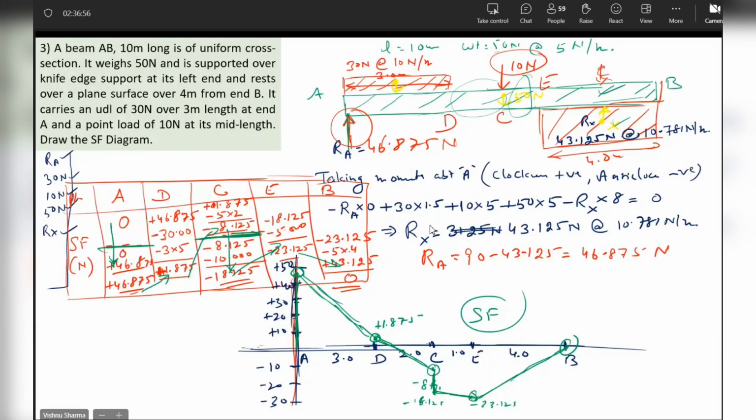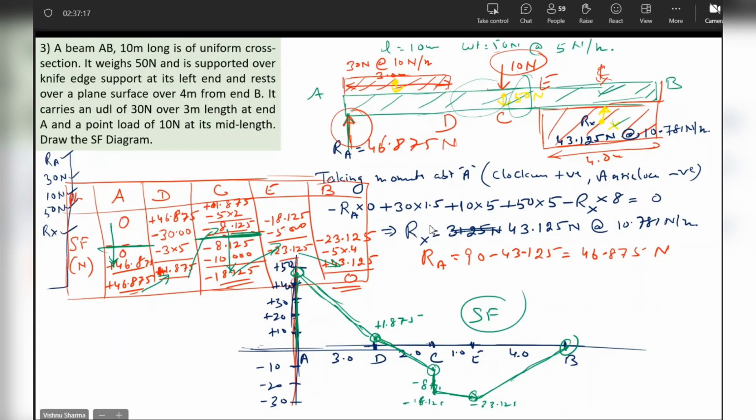Guys, I have spent one full session on SF, and there is a purpose. It's an investment because SF will hold the key to BM. Otherwise, I could have parallelly introduced BM and started doing the questions for SF and BM combined.